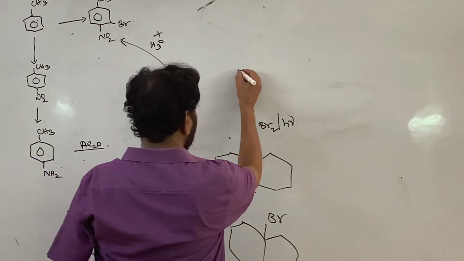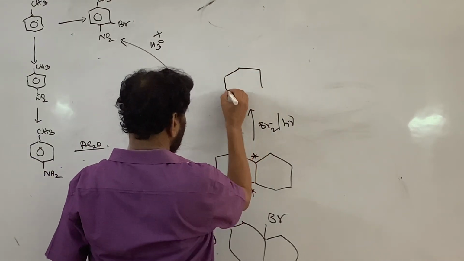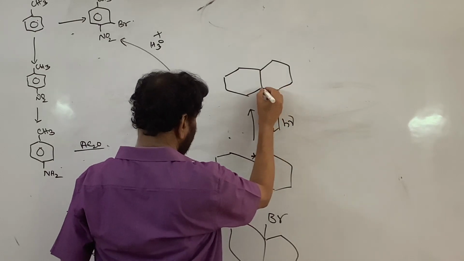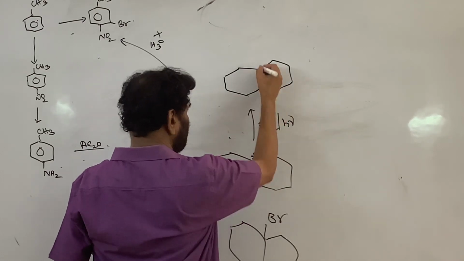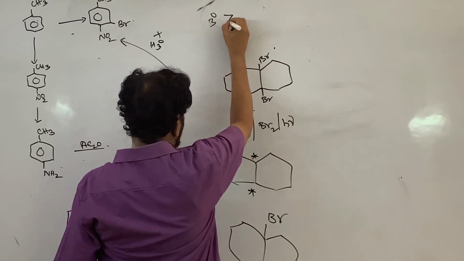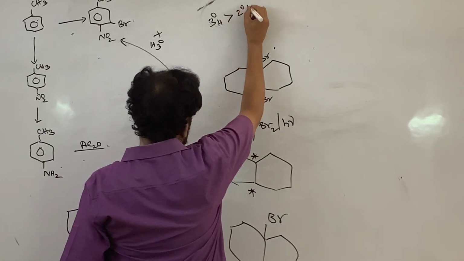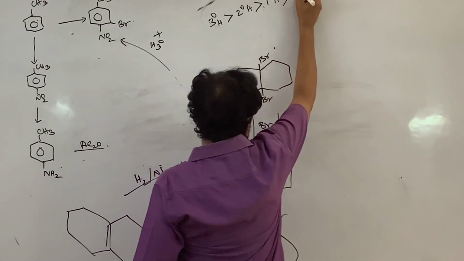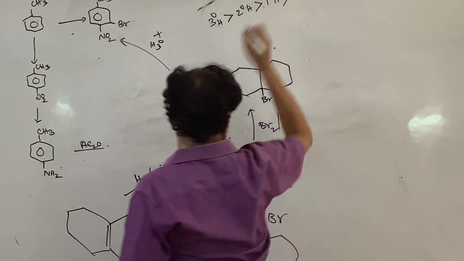This is now at tertiary position. Substitution takes place. 3 degree hydrogen is more reactive than 2 degree, and 2 degree hydrogen is more reactive than 1 degree, methyl hydrogen.